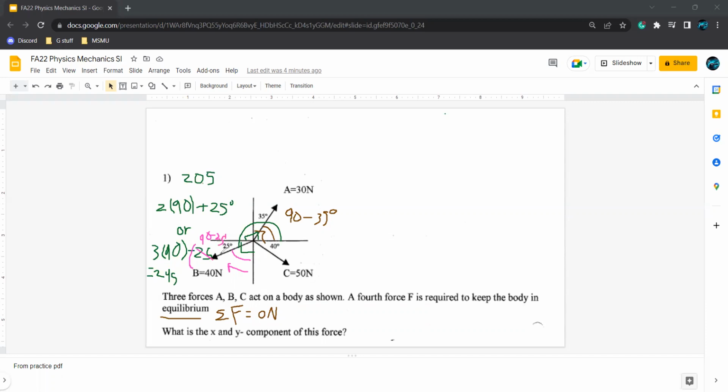That gives you the difference between those two, so 65. And then you do 3 times 90 minus 65, and yeah, that gives you 205.